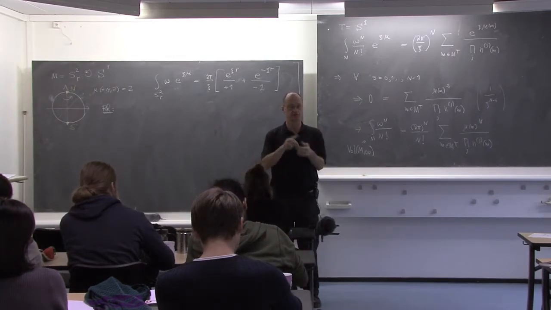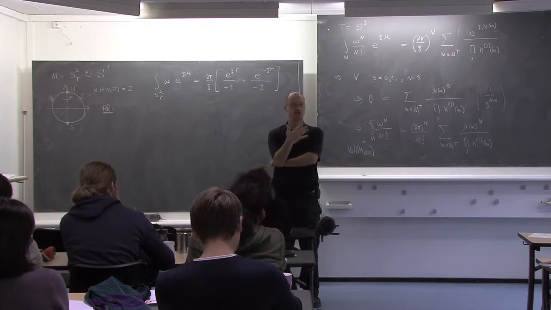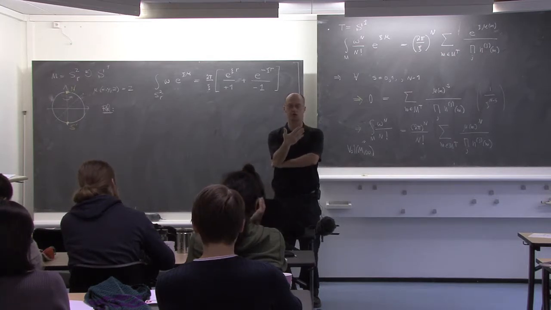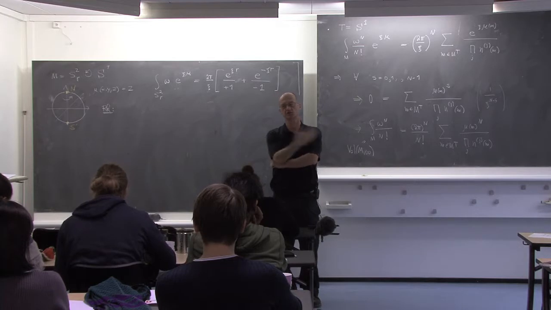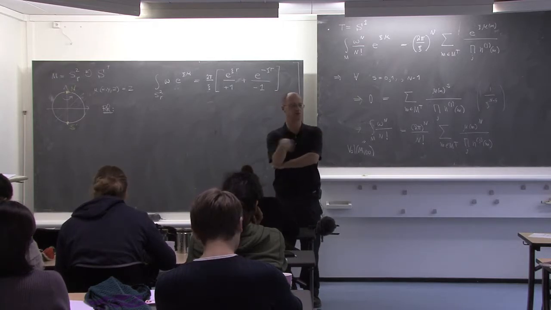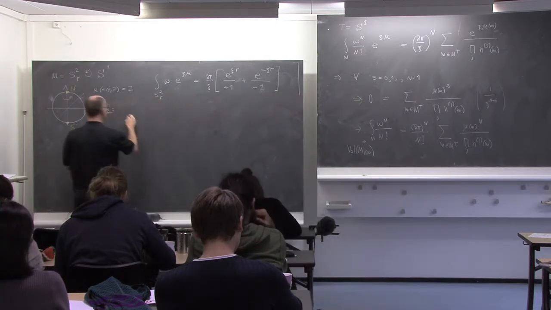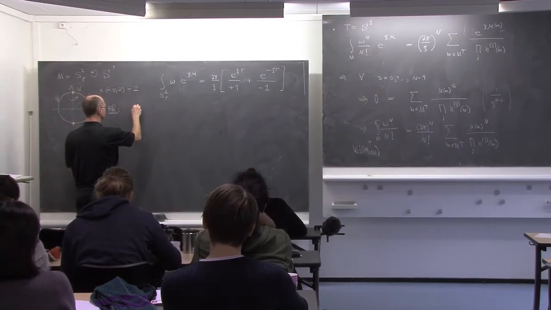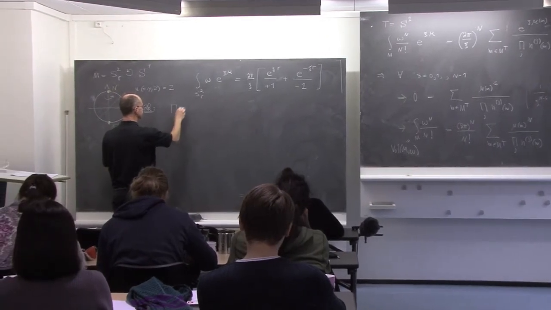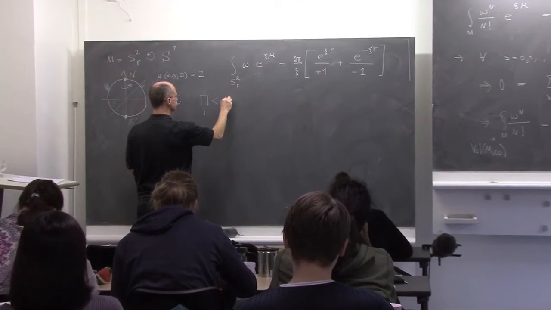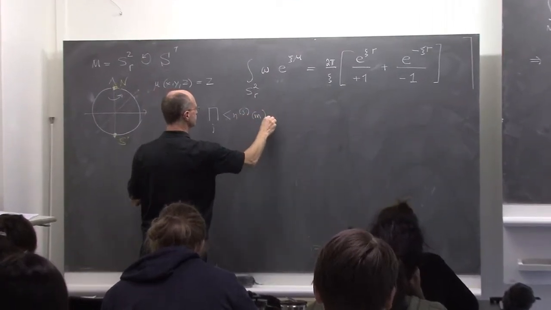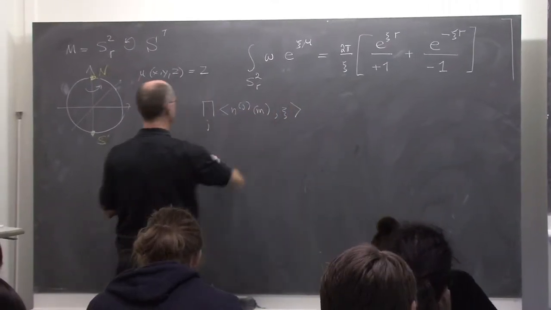In fact, the sign of the weight is fixed once you choose an orientation. Once you've chosen an orientation, you know who is z and who is z bar, or what rotates positively and what rotates negatively. So recall, there is this product of weights.